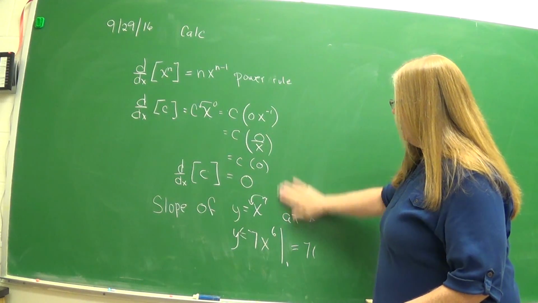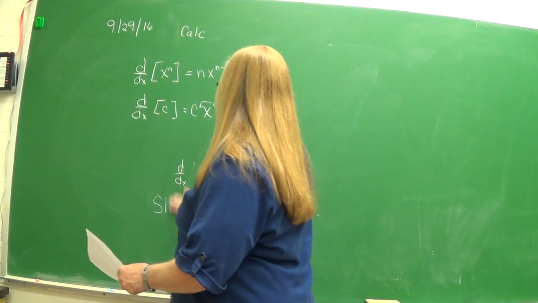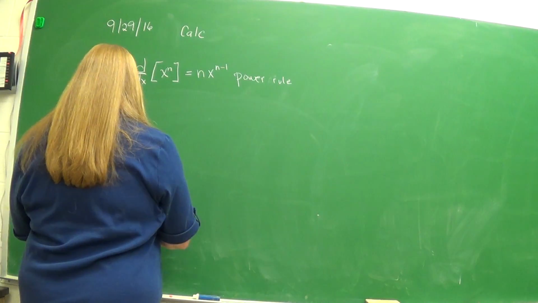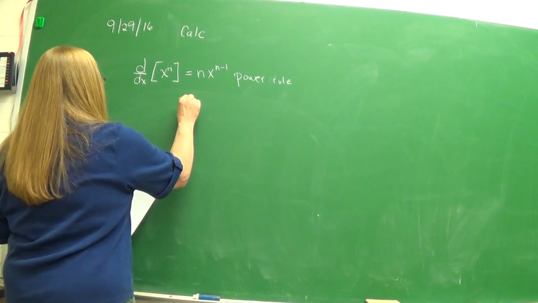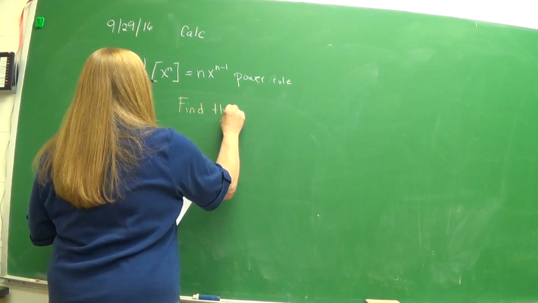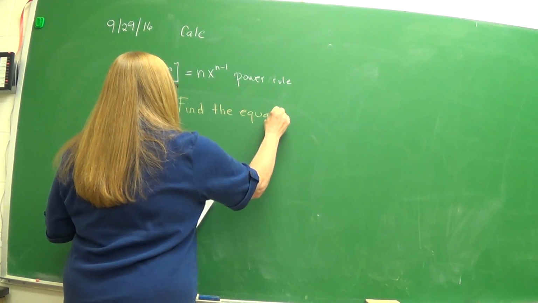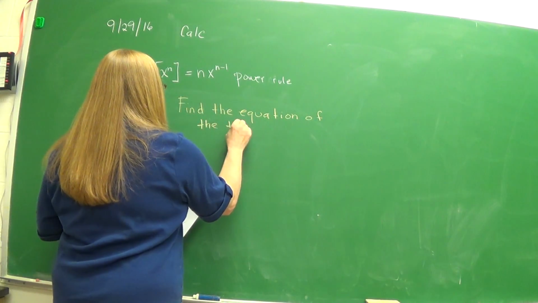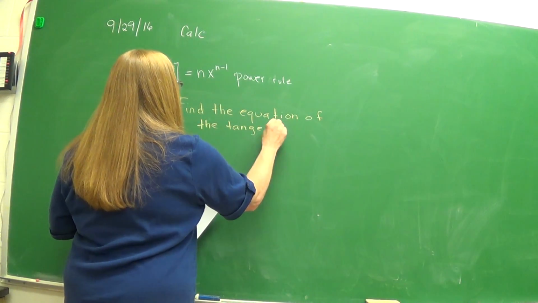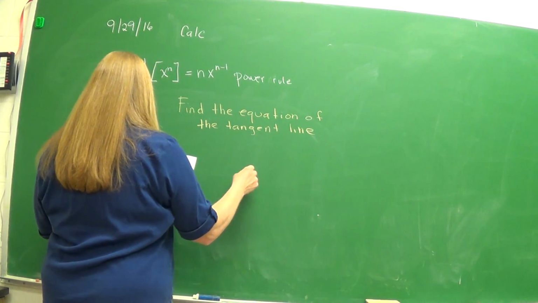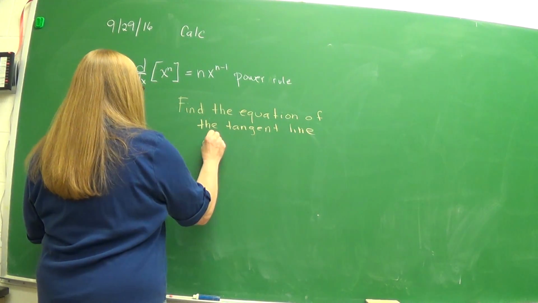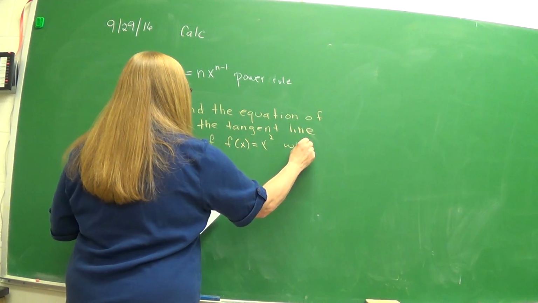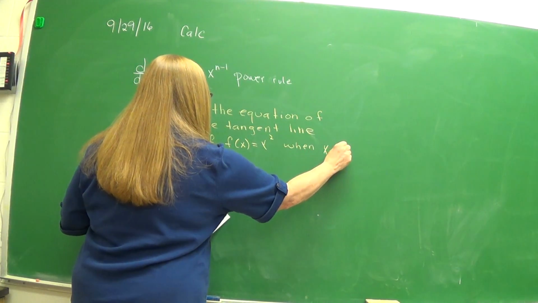Just like you're asked to find the slope at different points, sometimes you're going to be asked to find the equation of the tangent line of a given function, say f of x equals x squared, and we'll do that where x equals -2.